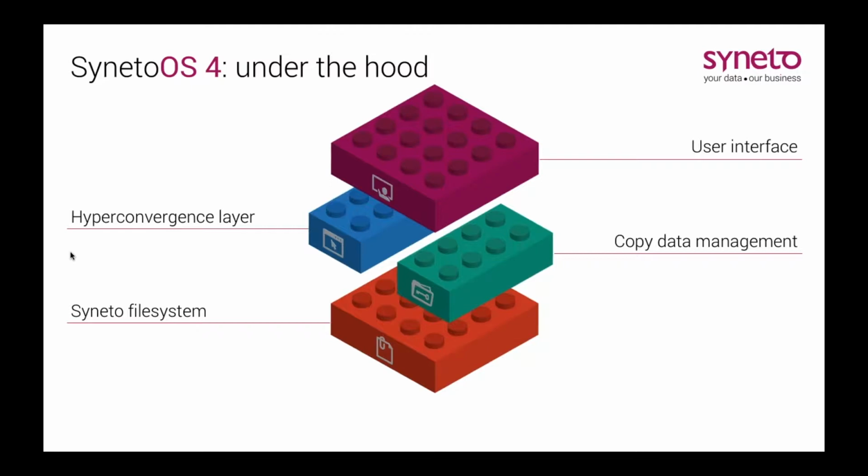Next up is the hyperconvergence layer. This runs all of the VMs using the built-in VMware hypervisor and our own technologies to integrate the file system and all the rest of the components with the hyperconvergence layer. And at the same level lies the most important technology component, the copy data management layer.